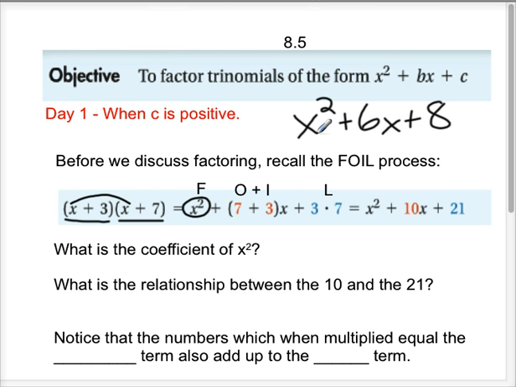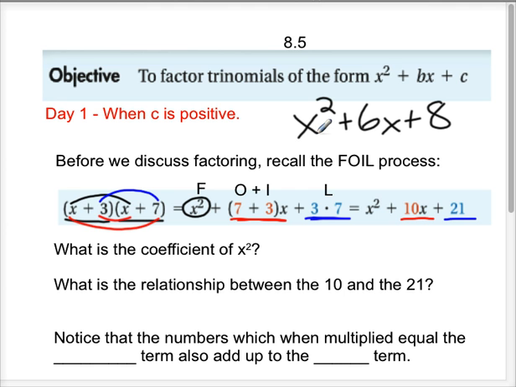So we're really talking about quadratics, all right? Now, I want you to notice the outside and inside. What do they end up doing? Well, they end up adding together to give us our x term. And finally, our last for the L, they multiply to give us that 21.